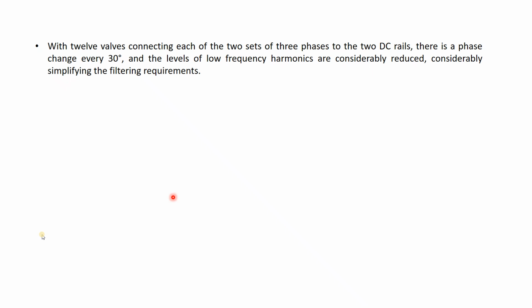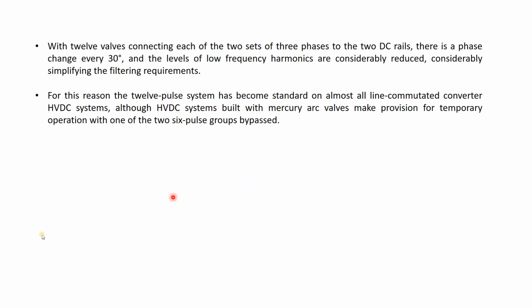If the question is asked in any viva or anywhere, why we should go for 12 pulse for the converter, the answer will be that a 12 pulse rectifier is much smoother, but when used as an inverter it is more beneficial because it reduces the harmonics, so that the filter requirement is minimized.